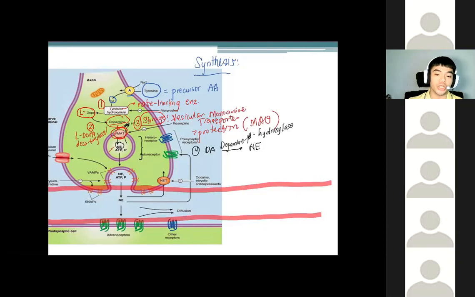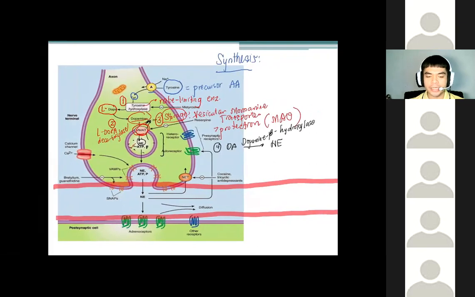Ay siya yung majority na i-release eventually. Kaya nga siya ang primary neurotransmitter or principal neurotransmitter in the sympathetic nervous system. Okay? So suppose marami tayong norepinephrine in the vesicle. And then you know that calcium is important to facilitate release.